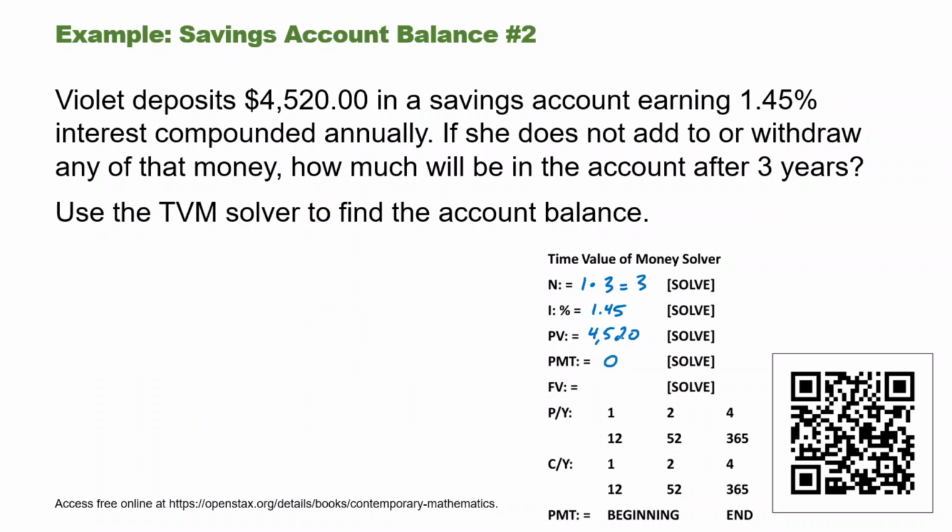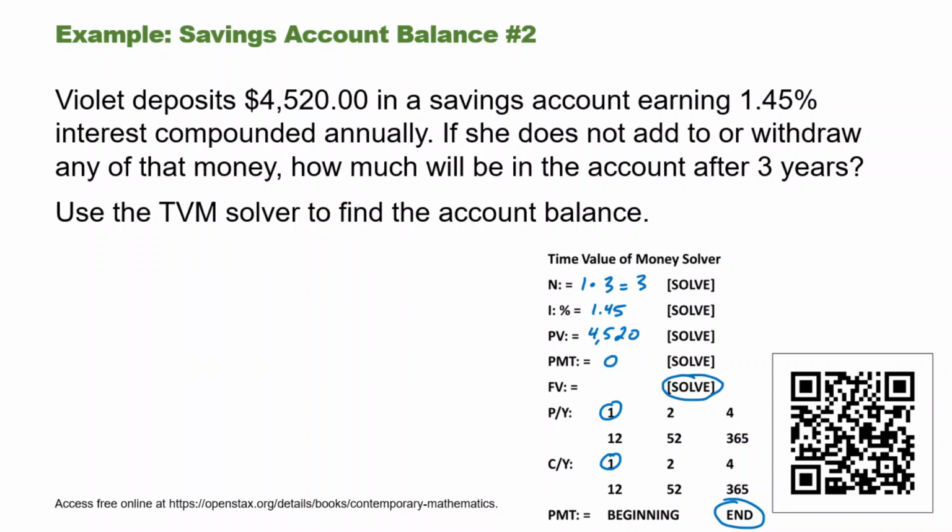Payment is 0 because we're talking about not adding to or withdrawing any of that money. So we're not changing the amount that's in there, other than the interest that it's accruing. Future value is unknown, so we'll go ahead and select solve. P/Y and C/Y will both be equal to 1 because, again, this is compounded annually, one time per year. And then because there is no payment, we'll choose payment at the end.